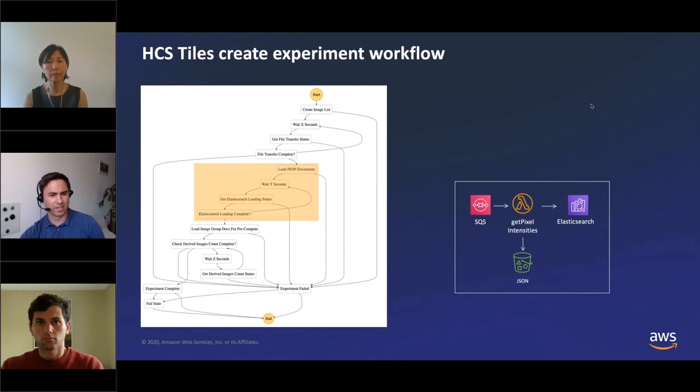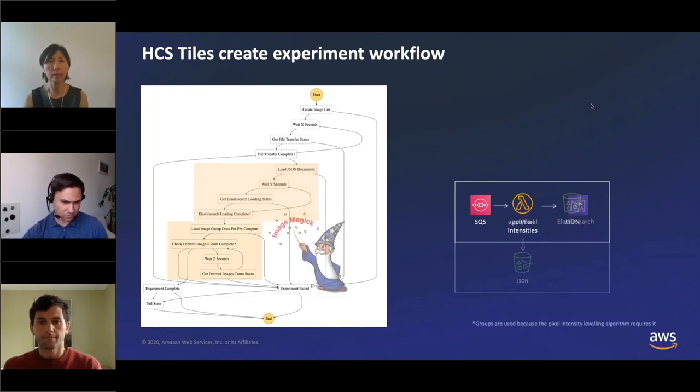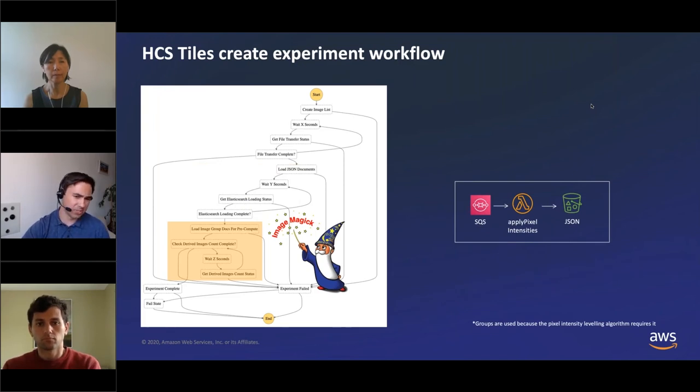Right. So here we're also polling. We're using that polling pattern that Drew had mentioned to make sure that we have the proper counts of this metadata loaded into Elasticsearch.